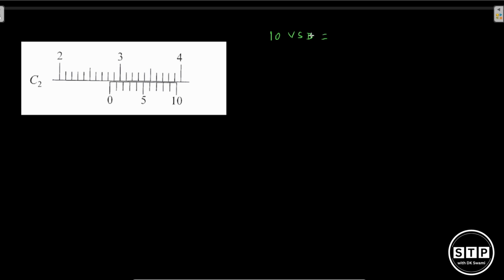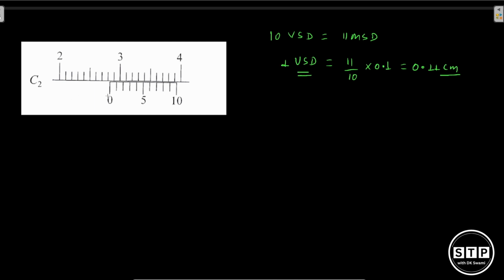Here VSD is greater than MSD, so VSD will be 11 by 10 multiplied by MSD, which is 0.1, so that is 0.11 centimeter. So this is VSD.